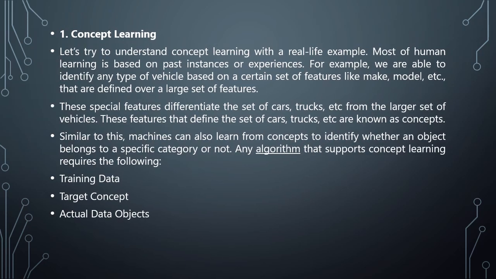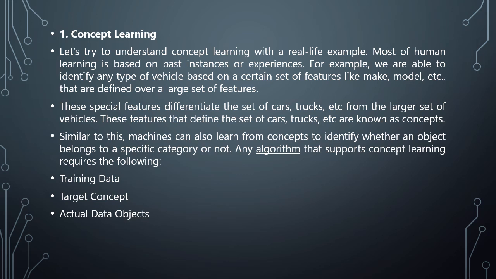Concept learning. To understand concept learning with a real life example, most of human learning is based on past instances or past experiences. For example, we are able to identify any type of vehicle based on a certain set of features like the car model or the vehicle model, etc. that are defined over a large set of features.